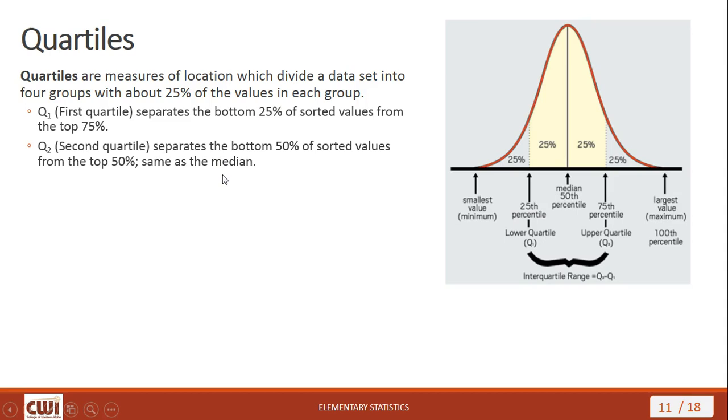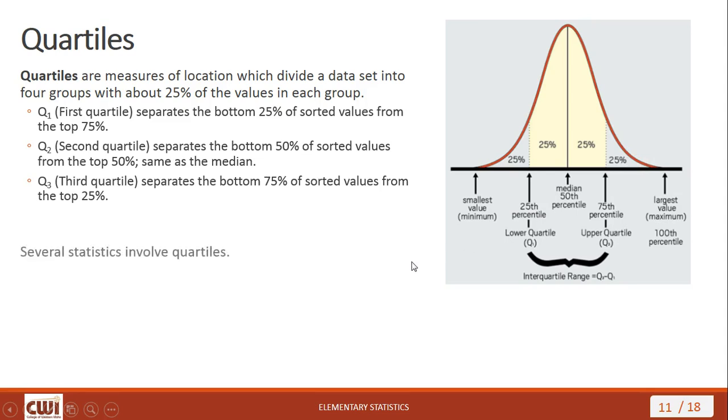Think about it. 50% on the top, 50% on the bottom. So the value that's there in the middle is the second quartile. By definition, that's the median. So the second quartile is the same as the median. Then Q3, the third quartile, separates the bottom 75% from the upper 25%.